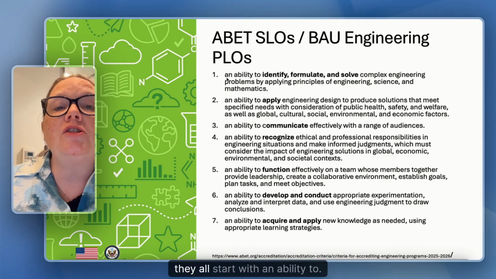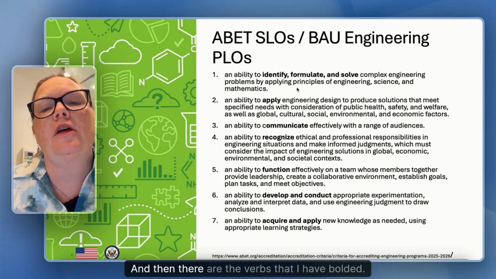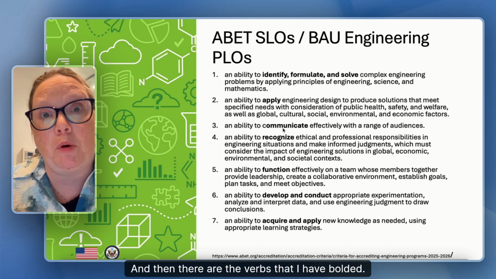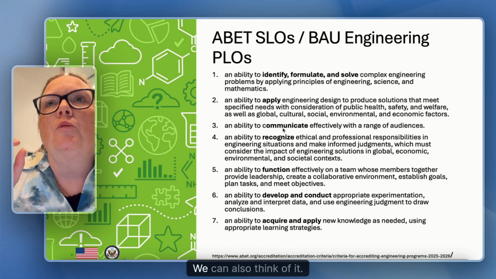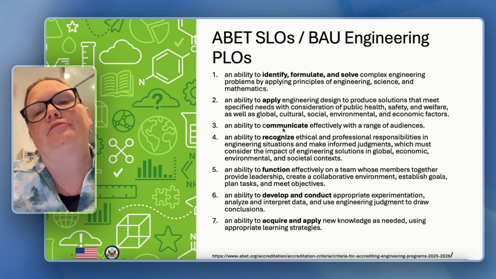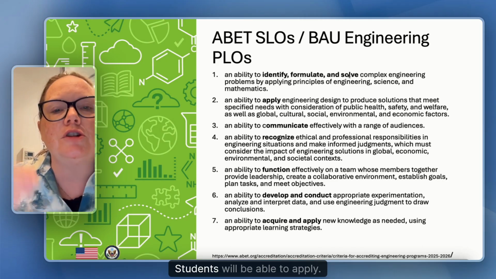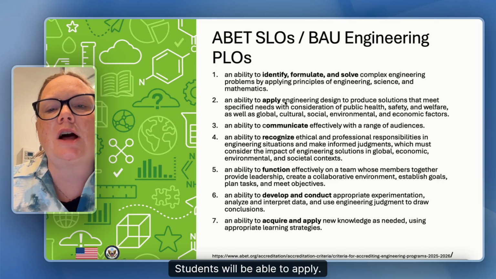Now, they all start with an ability to, and then there are the verbs that I have bolded. We can also think of it as, students will be able to, in this case, identify, formulate, solve. Students will be able to apply.